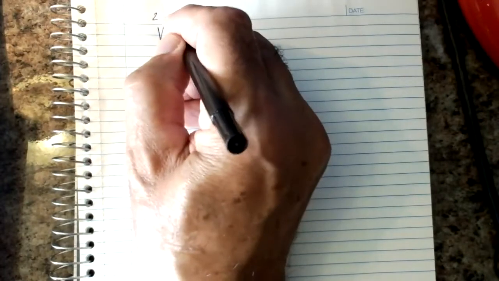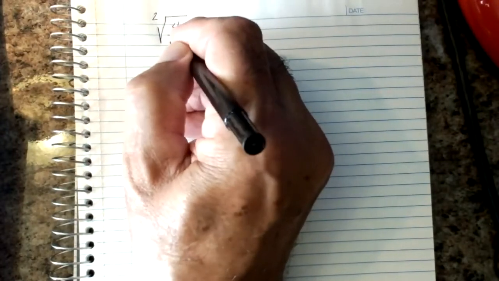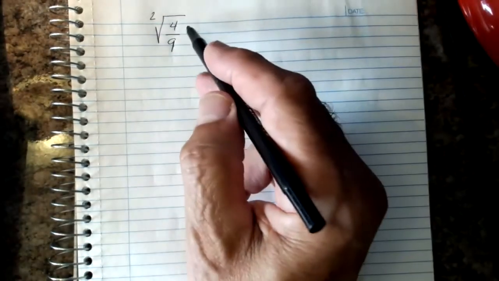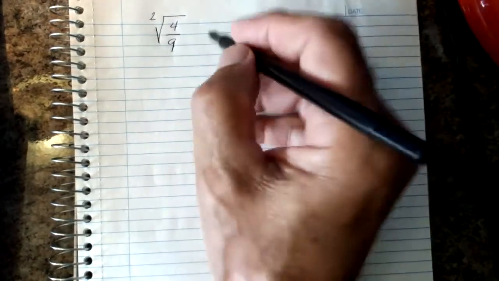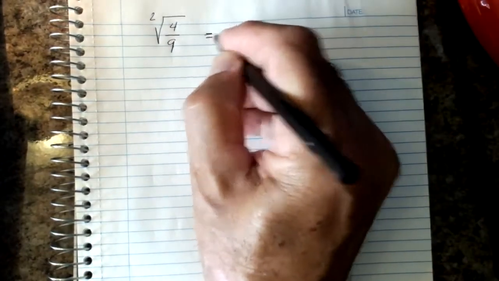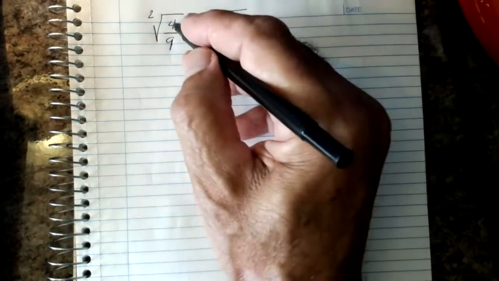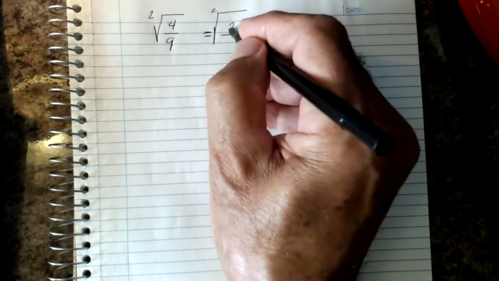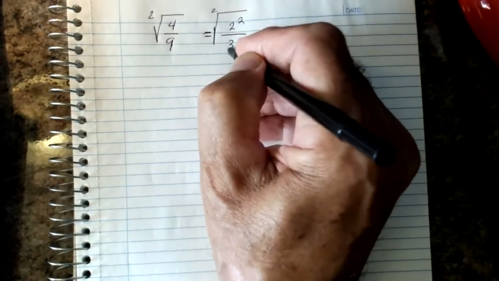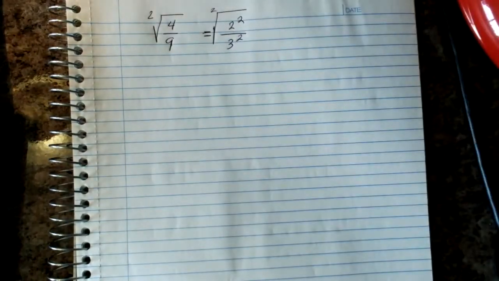Now, when you deal with fractions, let's say you have something like this, square root of 4 over 9. If under the radical you have a fraction, the outcome is always a fraction. So 4 is 2 to the power of 2, and 9 is 3 to the power of 2.